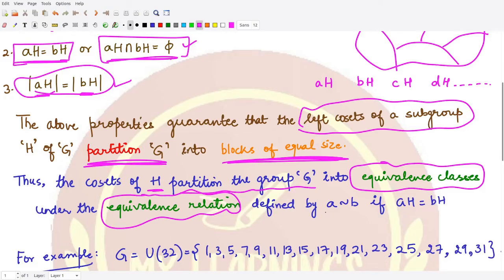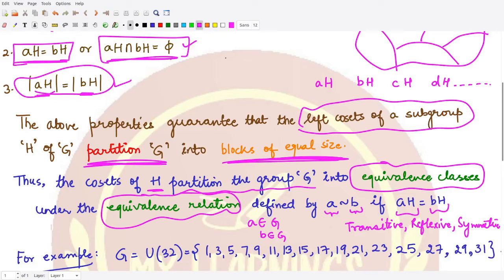We have two elements A and B. Now the element A belongs to our group G, and the element B also belongs to our group G, right? Now A is related to B whenever their cosets are equal to each other. So in this case we say it is transitive, reflexive, and symmetric. If all these three properties are there, then we have an equivalence relation.